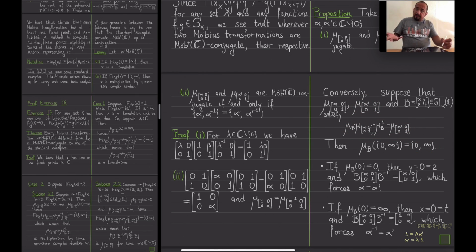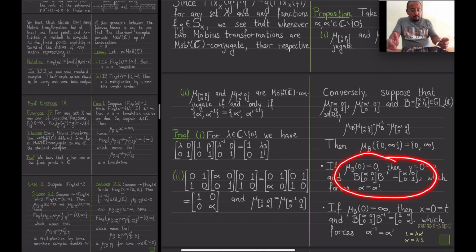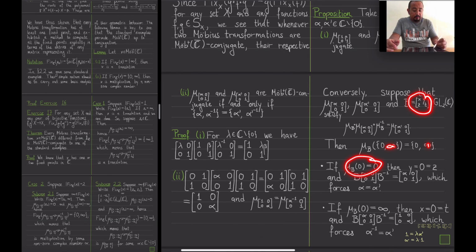Okay, so you have two cases. The easy case, when it sends 0 to 0, and hence infinity to infinity because it's bijective, and then you just play the game of knowing this and knowing that it sends infinity to infinity, what it means for the entries of the matrix.